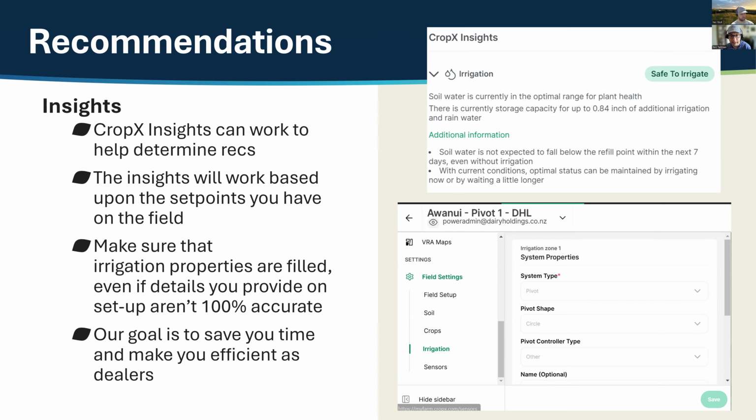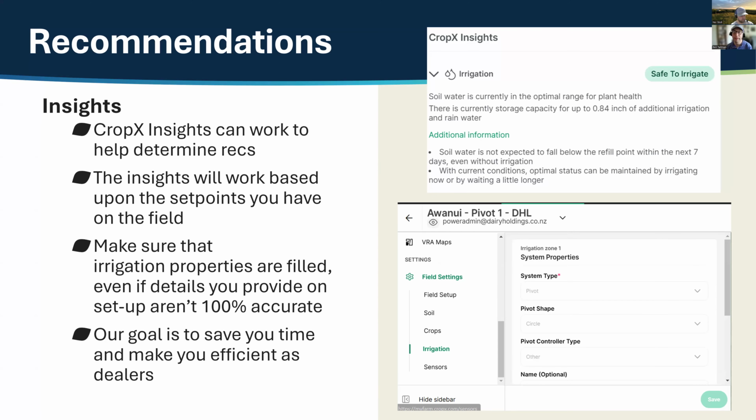I highlighted this here on the field setup, the irrigation tab, because the way you turn on these CropX Insights is you have to put in the irrigation information. These insights are so important that if you don't have the proper irrigation information, I would just guesstimate and put something there that makes sense, because it's more important to turn on this tool to save you time as a dealer than it is to have the pivot information be 100% accurate.